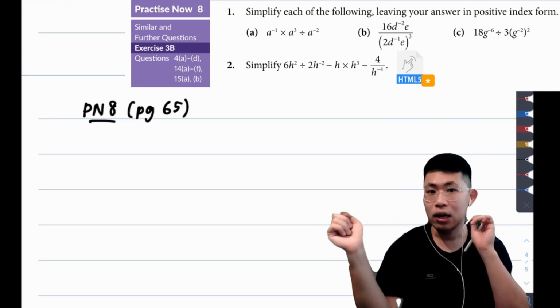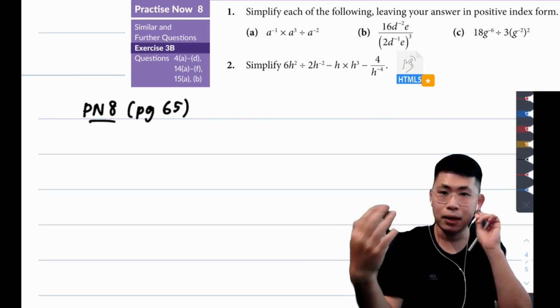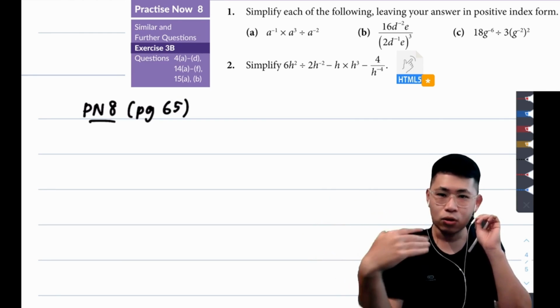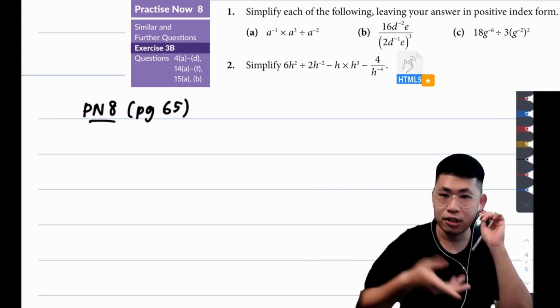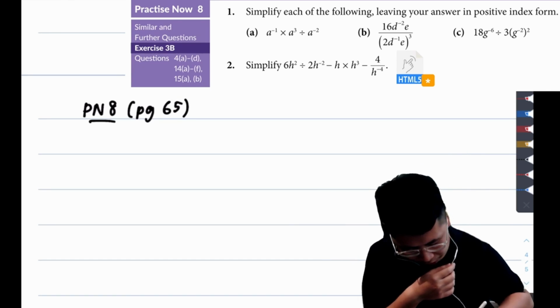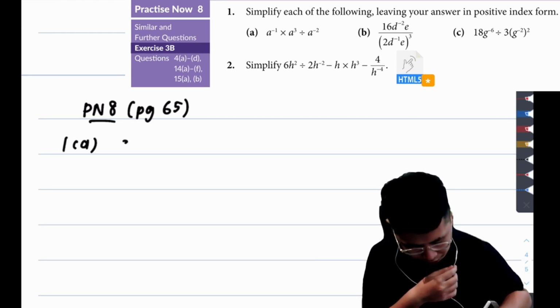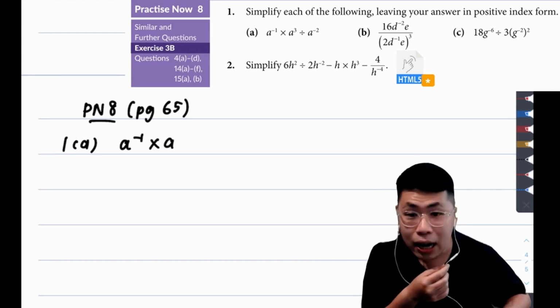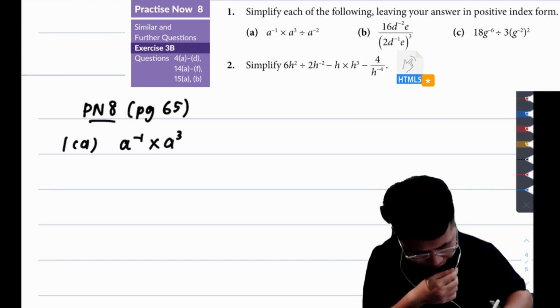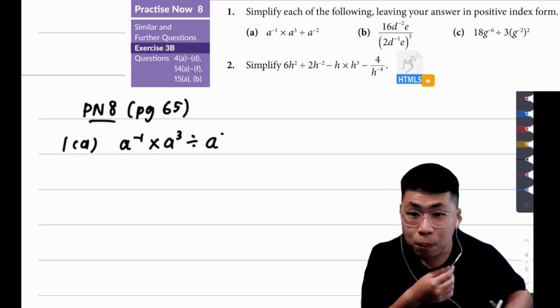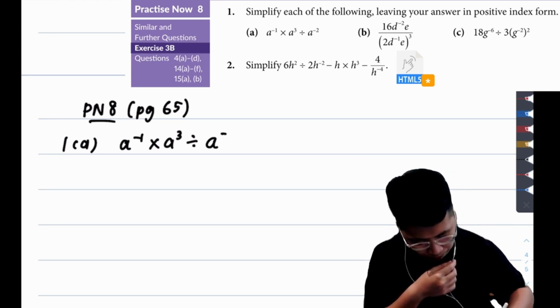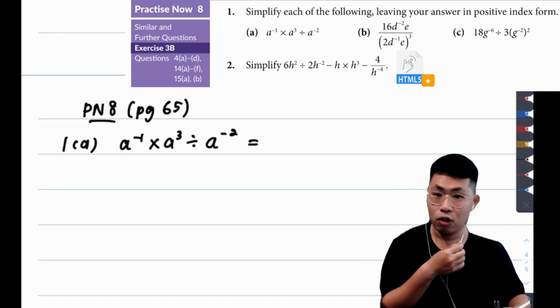Like what we saw earlier, if we have a negative number in the index, we will need to convert it to a fraction and find the reciprocal of that thing. Without further ado, question 1. Part A, we have a to the power of negative 1 times a to the power of 3 divided by a to the power of negative 2. Let us make use of our laws of indices.